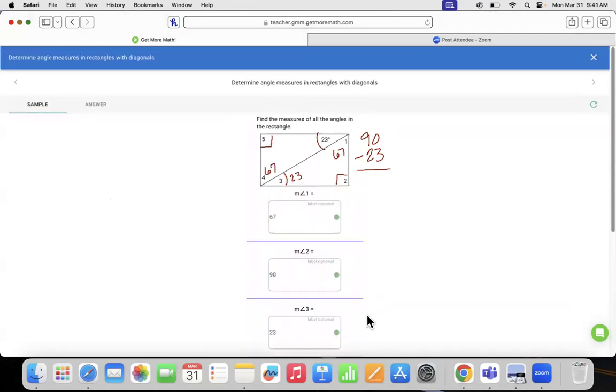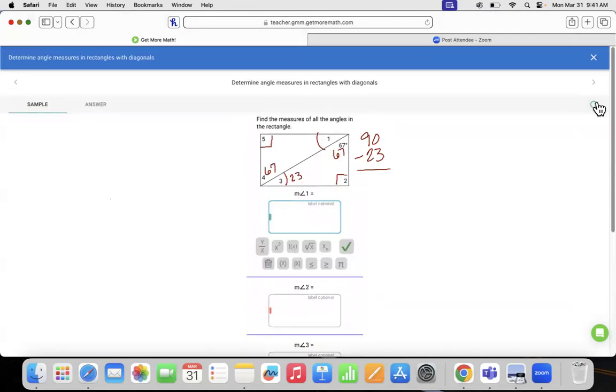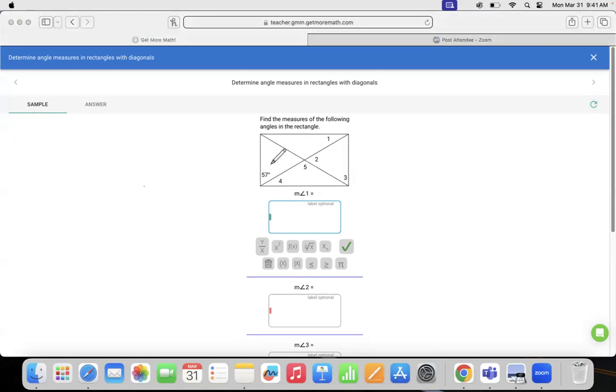Okay. Let's do one more where it crosses in the middle and gives us those triangles. Here we go. So again, the only thing it really gives me here is this 57 degrees. So I'm just going to take that information and use it. 57, that means this is 57. Okay, right? Alternate interior angles.